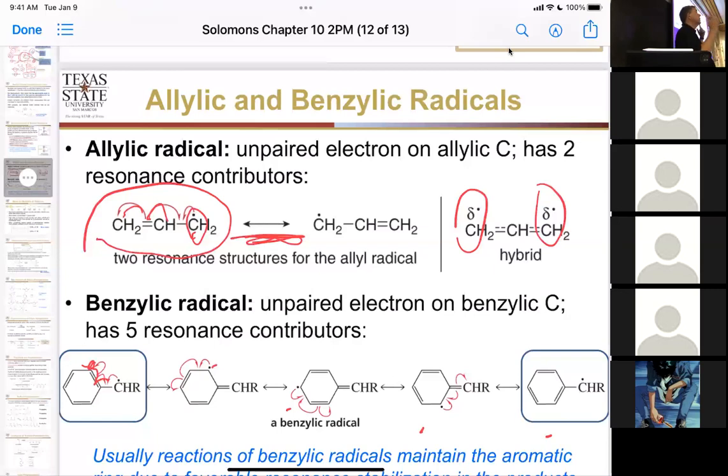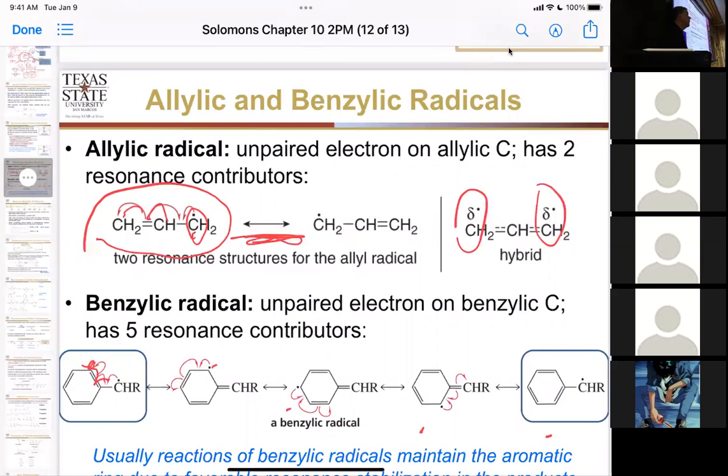And so then it can continue and continue and continue until, of course, all the stuff's done, or we get to those termination steps where radical-radical coupling can be productive, like forming bromine, two bromine radicals, or it can be your product of methyl radical and a chloride radical, or it can be two methyl radicals, which would be non-productive. So we have only two things that can happen and three steps in every mechanism, okay?